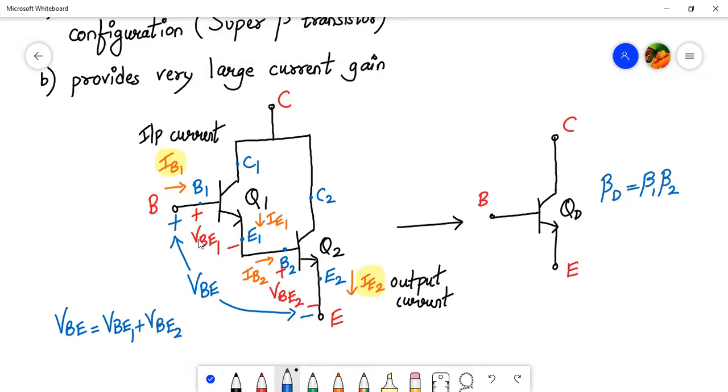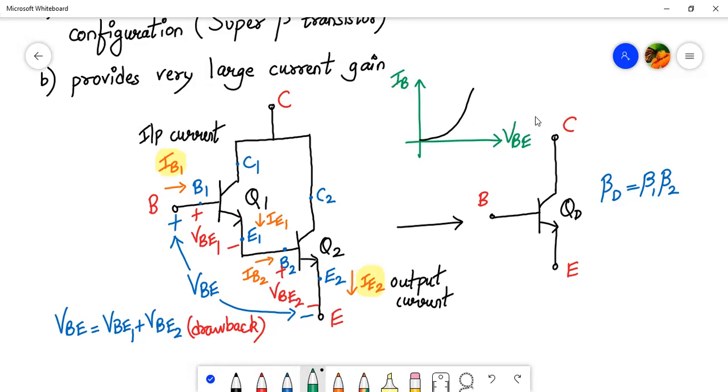Now, since we are using a Darlington pair, having a higher value of VBE is an advantage or a drawback? It's a big drawback. Okay, what is VBE? Here it is in the input characteristics. So input characteristics look something like this, right? Over here we have VBE and IB.